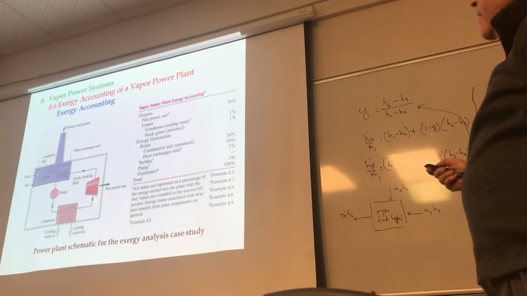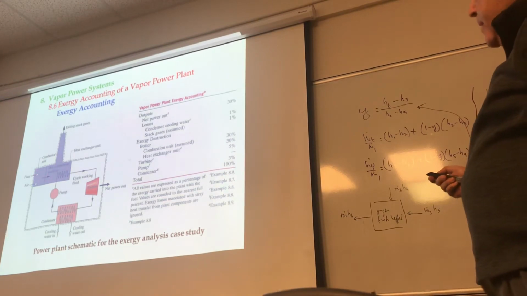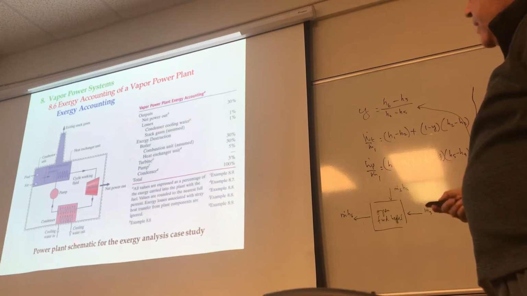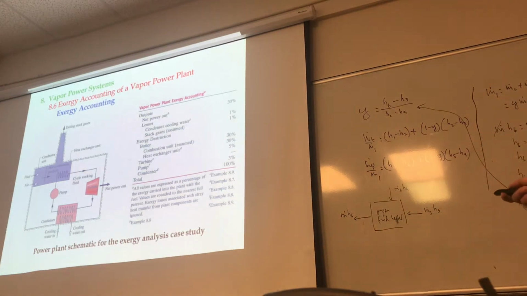The losses in the condenser are about 1%, stack gas is about 1%, and exergy destruction in the boiler, because this is a totally irreversible process, is about 30%. The heat exchanger unit is about 30%, turbine about 5%, condenser about 3%. That gives you an idea of a power plant schematic for the exergy analysis study.